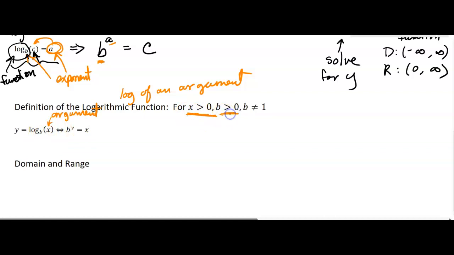Your base, your little subscript here, has to be greater than 0, and it can't equal 1, just like in your exponential function. And so you have y equals log base b of x. So here's your base, b, and then you go across to the other side to get the exponent, and then it equals the argument.